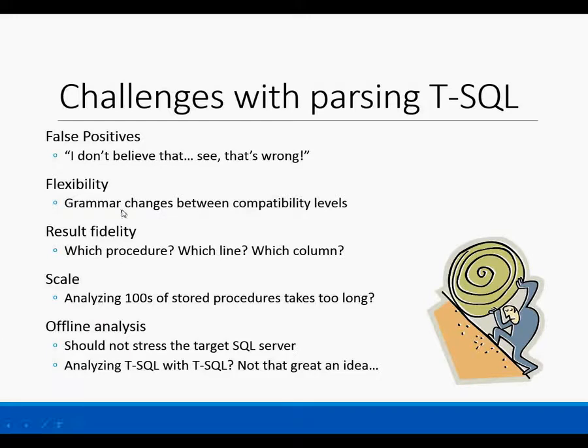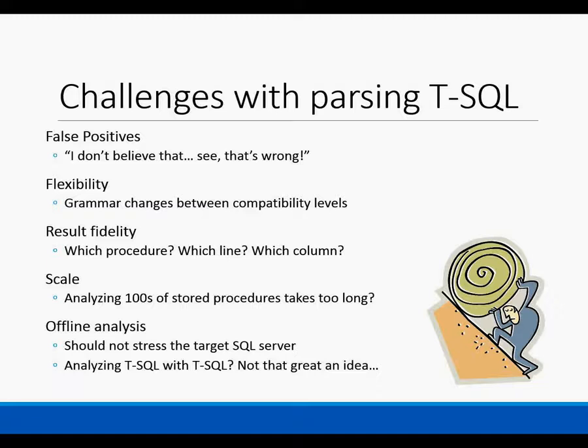The second thing you would face traditionally is compatibility levels. I'm sure most of you are aware that you have the non-ANSI join syntax, which was allowed in compat level 80, which was SQL 2000, and now the engine doesn't support that anymore.